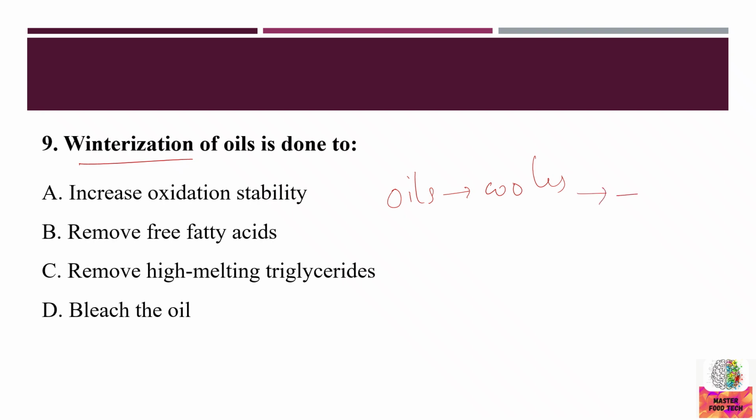To remove all the high melting triglycerides, okay, which can cause cloudiness at low temperatures. So thus removing all the triglycerides at the lowest temperature is called winterization. So here you can see removing the high melting triglycerides. C is the correct option.